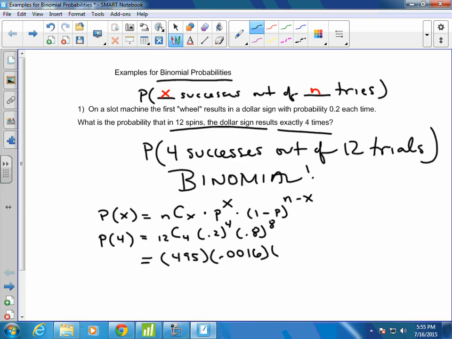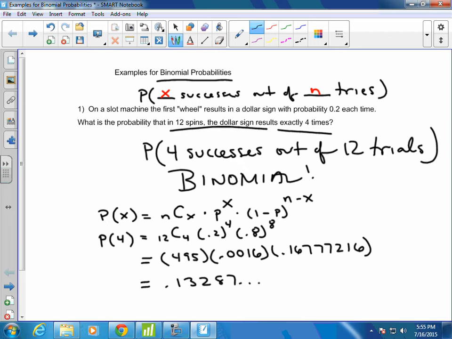Hold on, let me punch this up. 0.167777216. Pretty ugly decimal. Usually on a test, I'll say round to this many decimal digits. If we punch this up on the calculator, I'm getting 0.13287, and it keeps going.